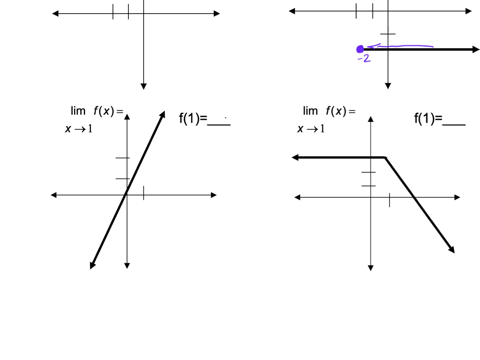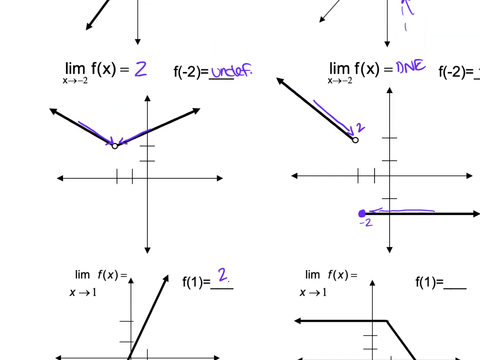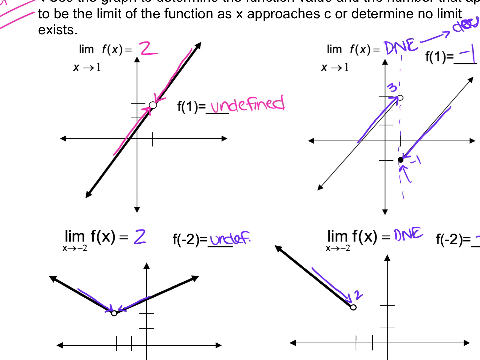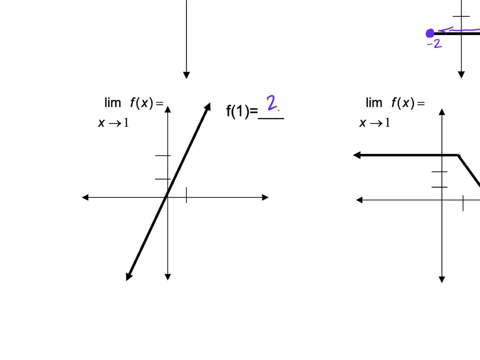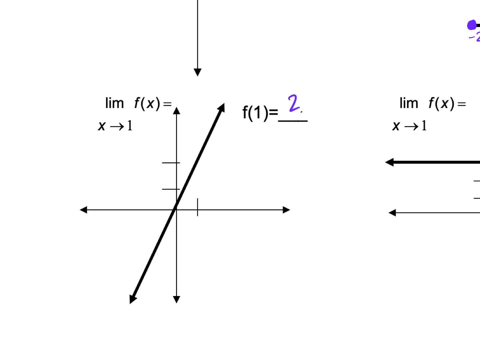If I asked you on this last one, what is f of 1? 2. Now, it would not really make sense because the other ones we've talked about have had holes in the graph, and that's why we looked for a limit, because we didn't have an f of value. But if I asked you the limit as x approaches 1, you're still tracking this graph coming in towards 1.